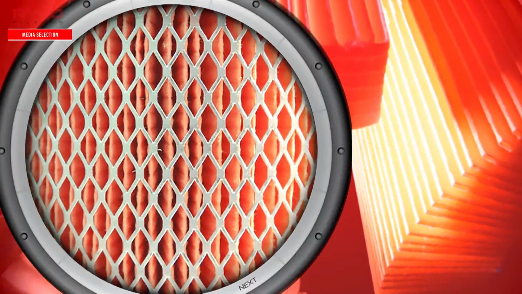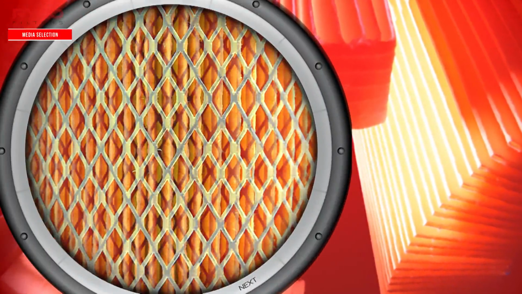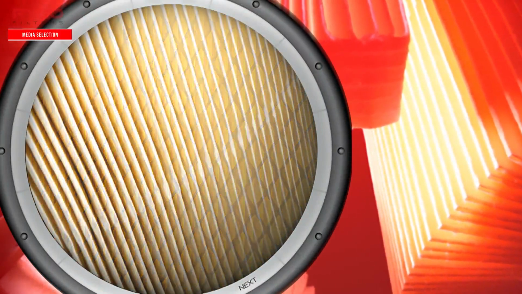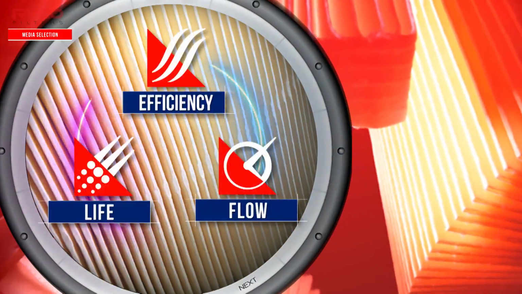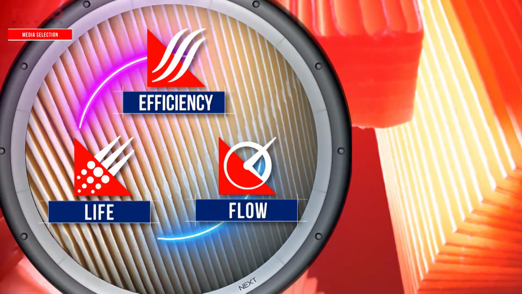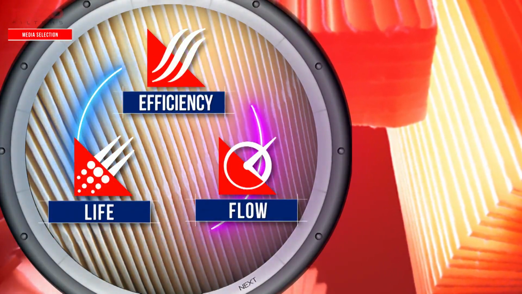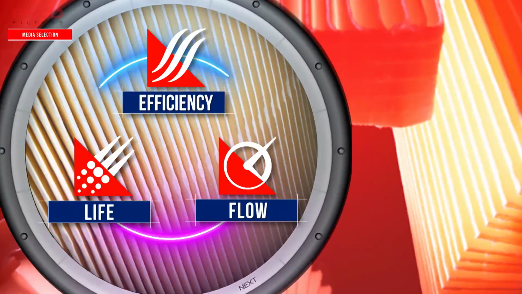Let's have a look at how Ryco selects different media for its filter products. Media selection is always paramount when developing a new filter, and Ryco takes a rigorous approach to achieve the ideal balance between efficiency, life and flow. This is a part of Ryco's overall mission to deliver products that meet or exceed OE standards every time.